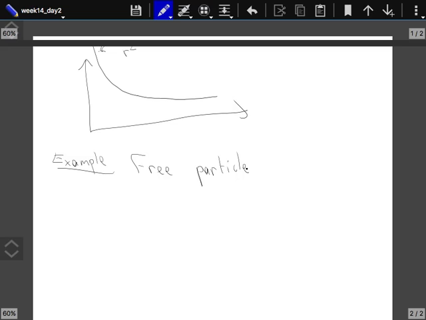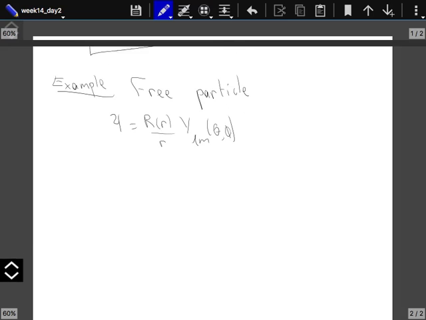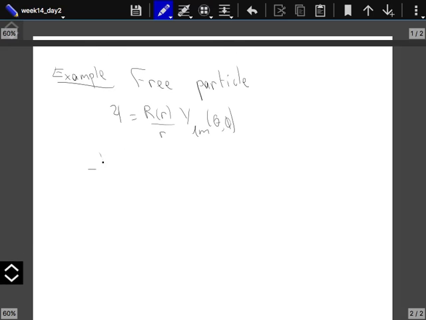This is basically a rotationally symmetric system. The potential is 0. And so again, the wave functions will be the radial part times Y_lm, and the radial part will satisfy this equation.